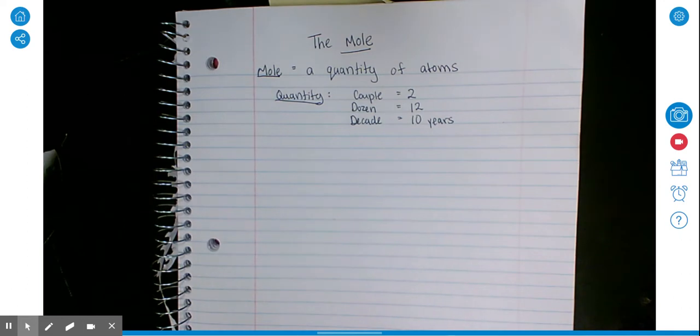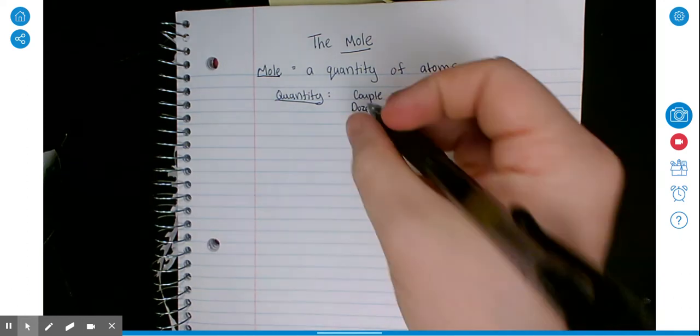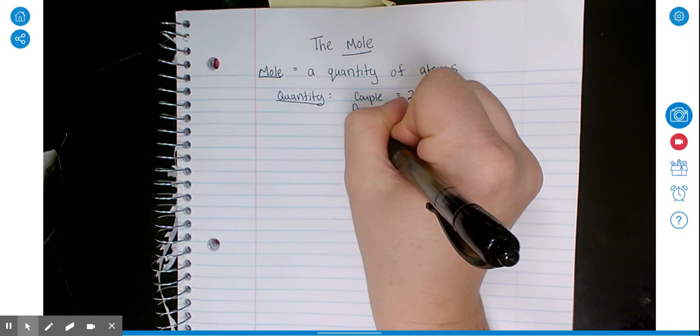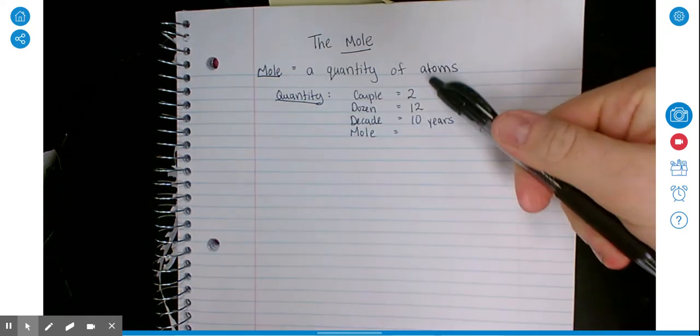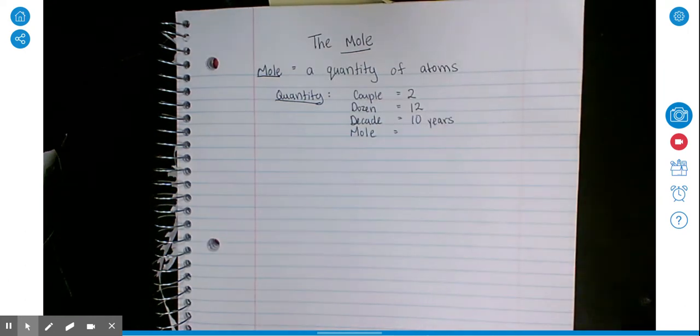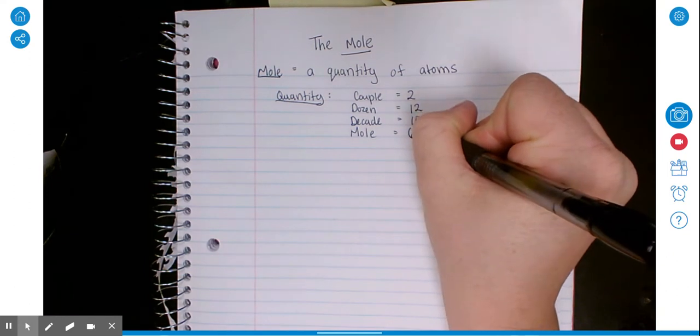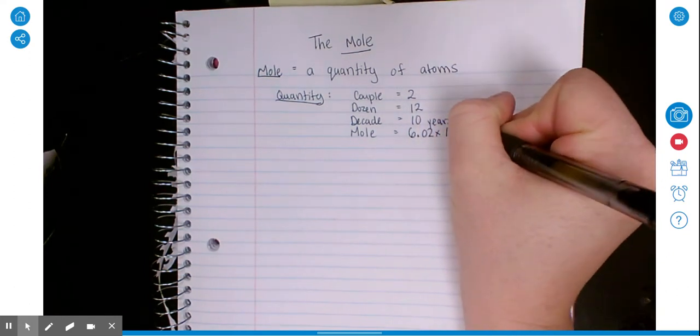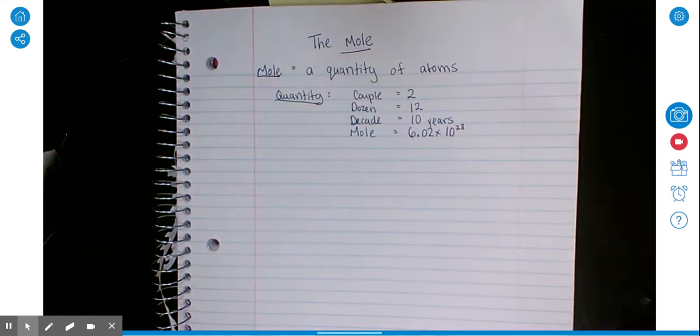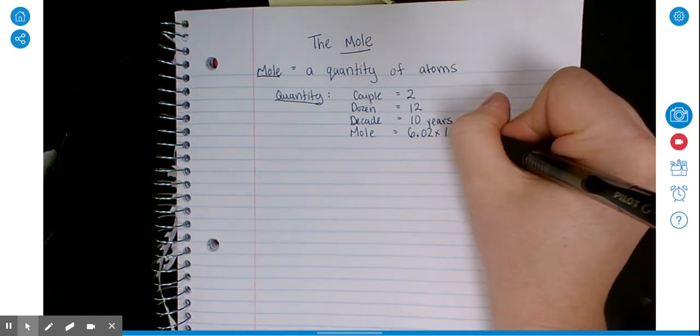A mole is measuring a quantity of atoms. And that quantity isn't 2 or 12 or 10. Atoms are very small. So when we measure a quantity, we're going to be measuring a whole lot. In fact, we are actually measuring 6.02 times 10 raised to the 23rd atoms or particles.